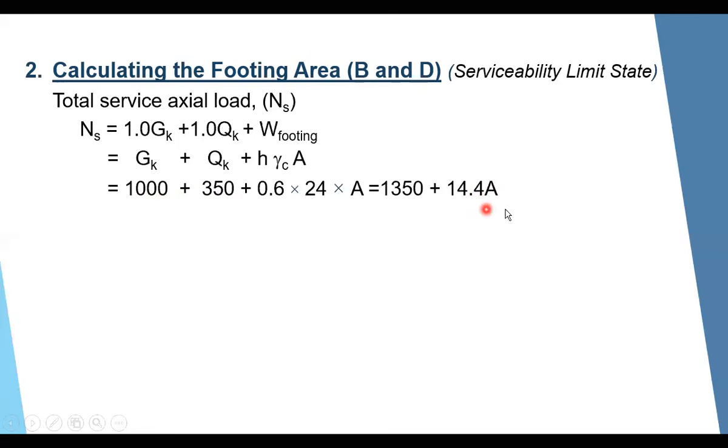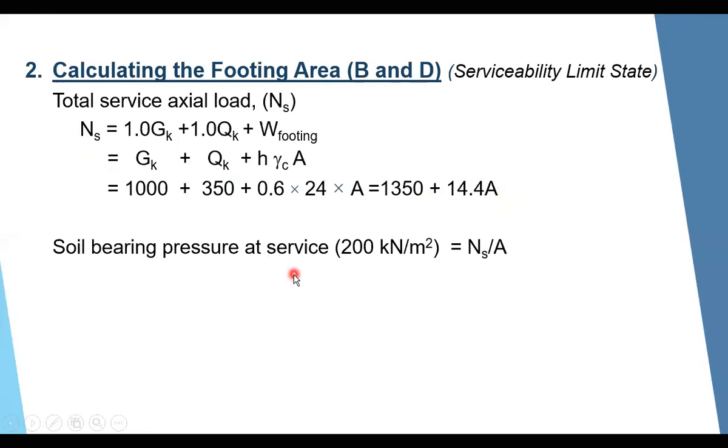Okay, once we know now the total service load, it has a constant value here and something multiplied by the area of the footing, then we will say soil bearing pressure at service load shouldn't exceed 200 kilonewton per meter square, and any stress or pressure equals the load divided by area.